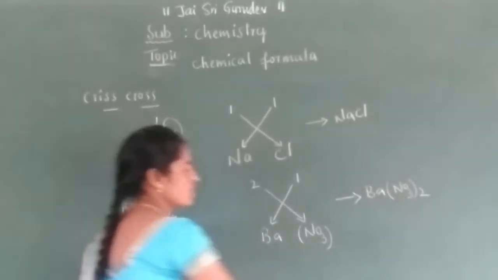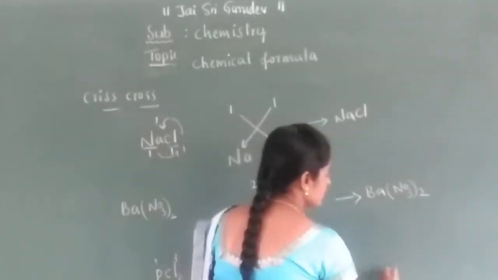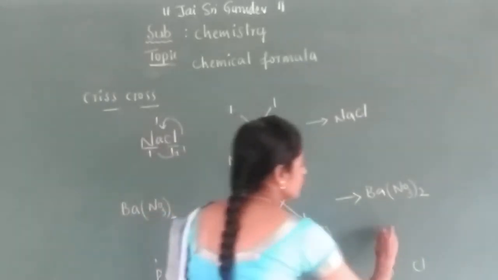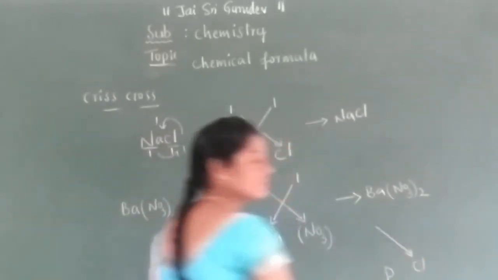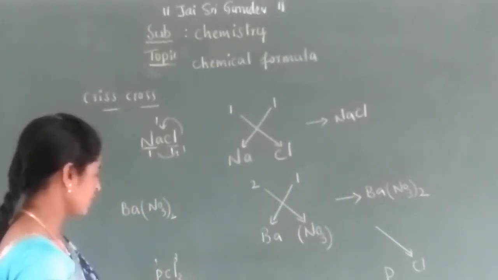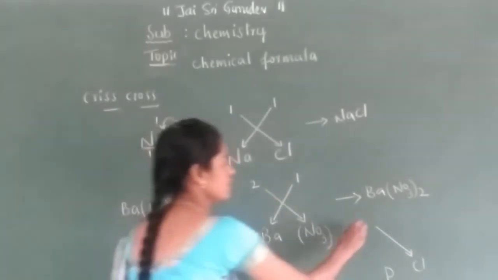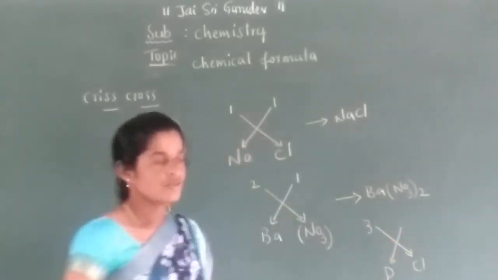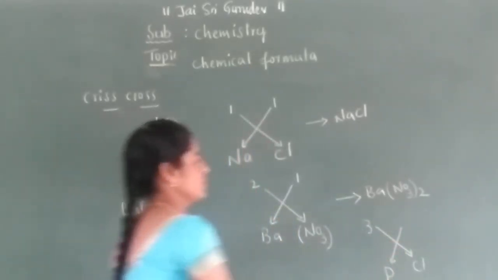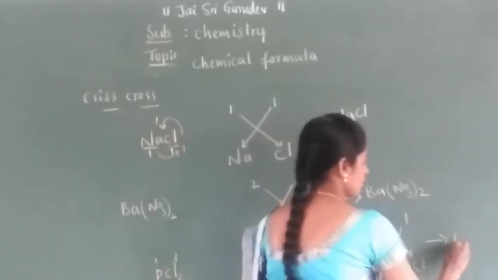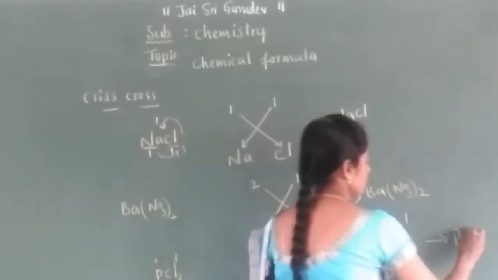So how to write? Once again it is very simple. Separate the ions. What is the number of chlorine atoms present in phosphorus trichloride? It is just 3, so write 3 here, and the number of phosphorus atoms present in this compound is 1. So the formula is P into 1, Cl3 into 1.